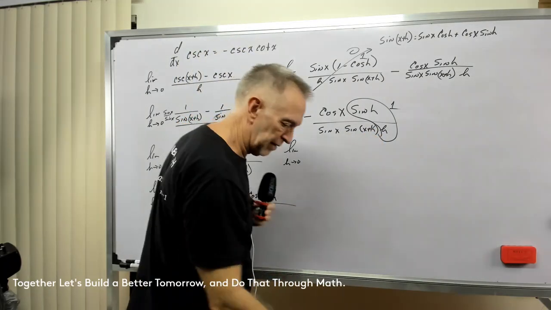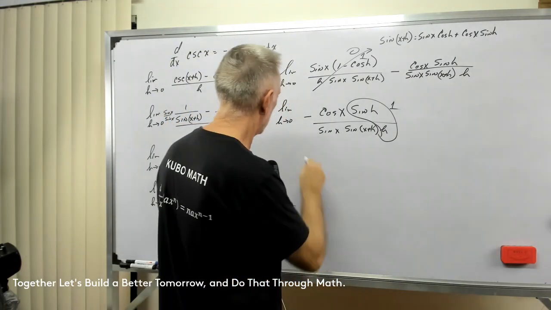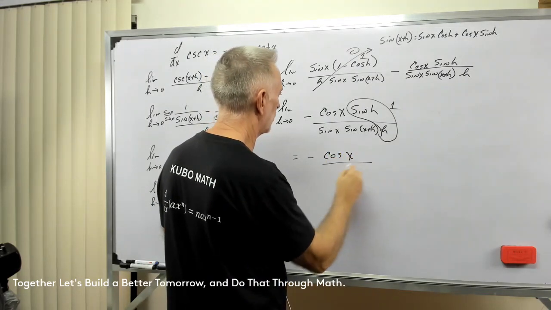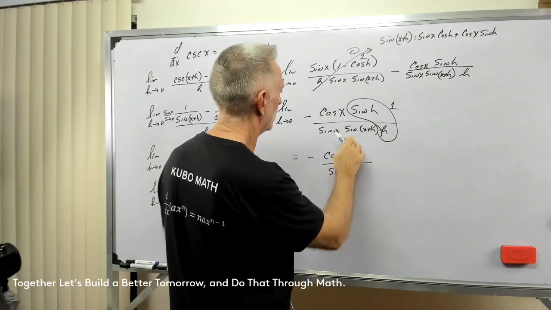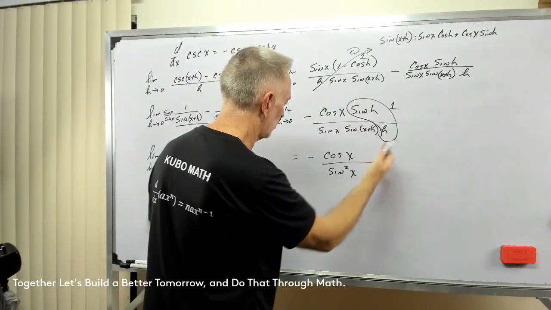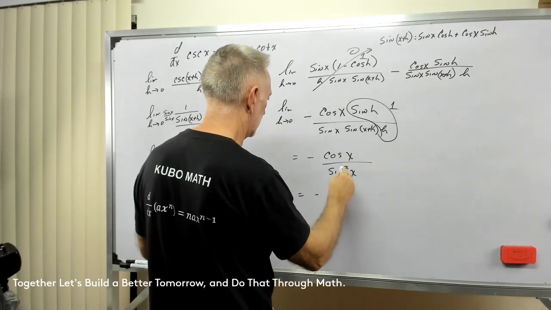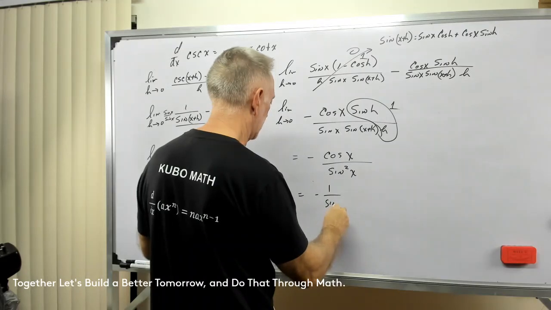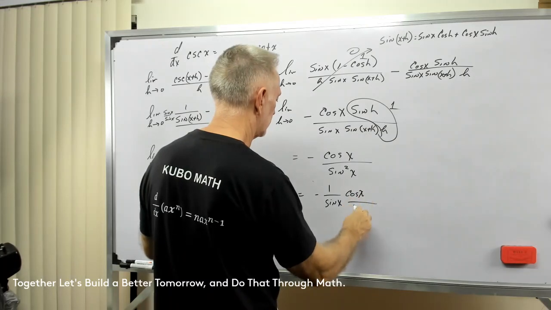So what do we have here? We have minus cosine x over sine squared x. If we break that apart, we have 1 over sine x times cosine x over sine x.